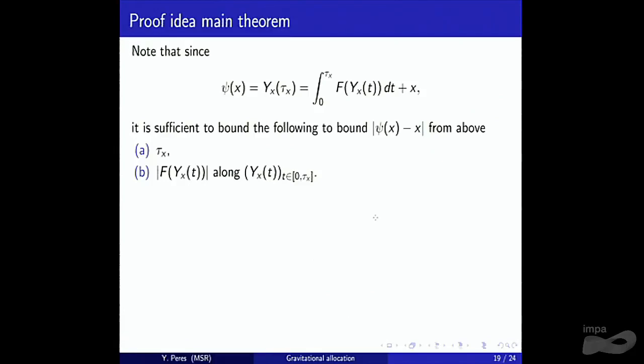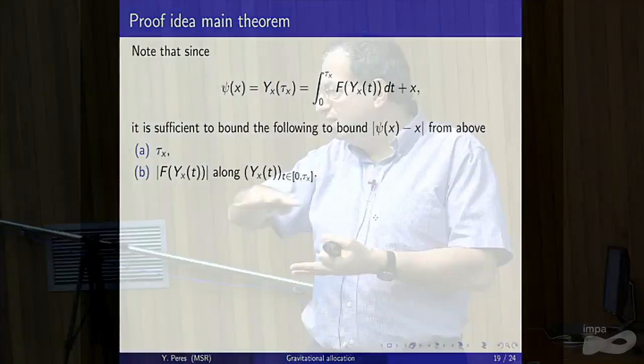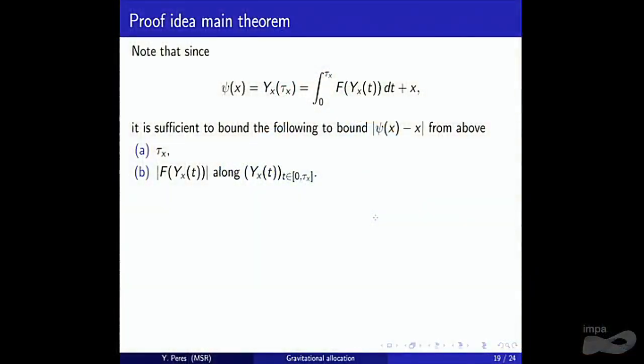So, well, to bound an integral, you have to bound how long the interval of integration is and how big the function inside is. The function inside, we already said, is the force. It's typically of order root log n. So we have to understand what the time is. Until now, we've ignored the time variable in this dynamics.